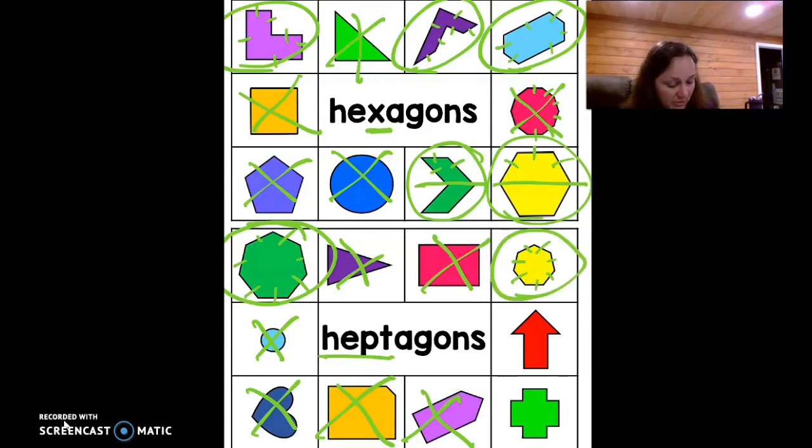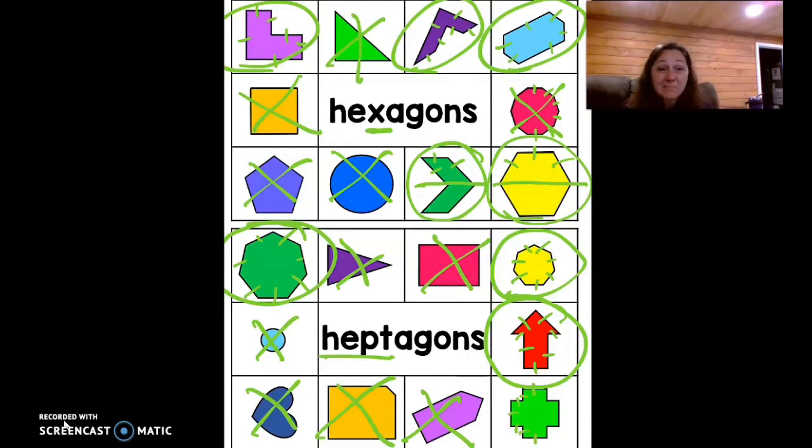Then I have this one. 1, 2, 3, 4, 5, 6, 7. Yeah, you can't forget the little sides under the bottom. So he is 7 sides. And I got into my other one a little bit. 1, 2, 3, 4, 5, 6, 7. I can stop right there.